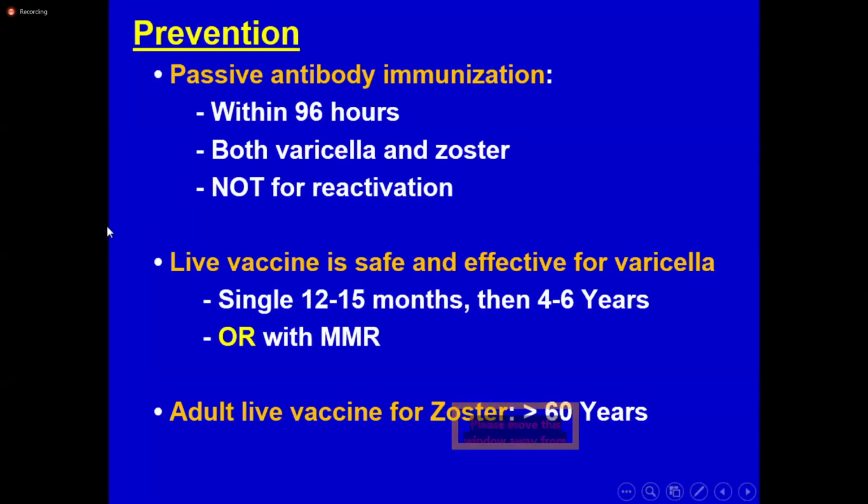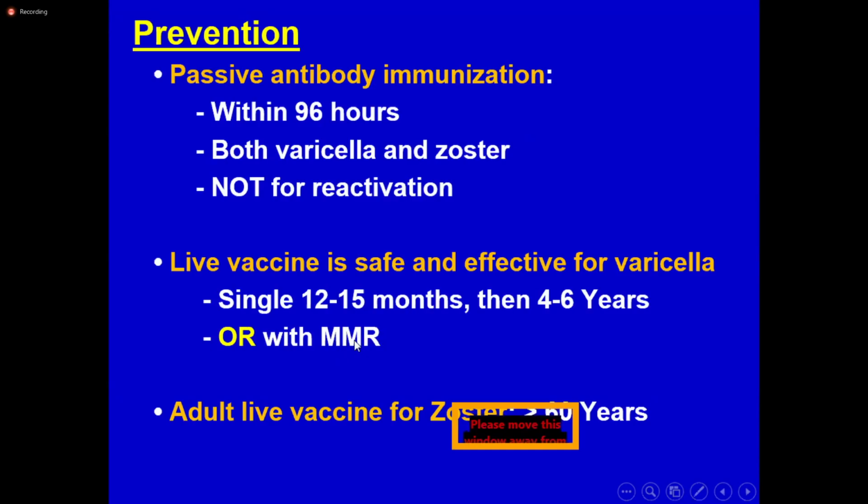There is a live attenuated vaccine, which is safe and effective, and can be given in a single dose around the age of 1 year, 12 months, up to 15 months. Then you can give another booster dose at the age of 4 to 6. It can be given with MMR.